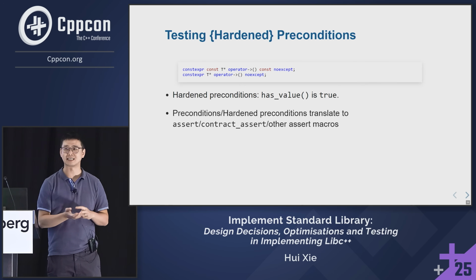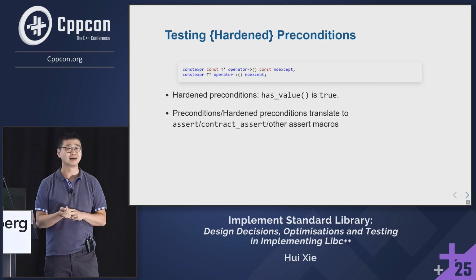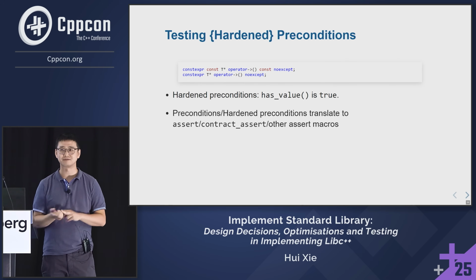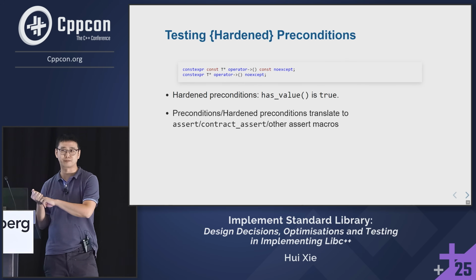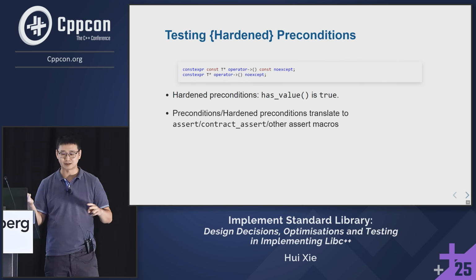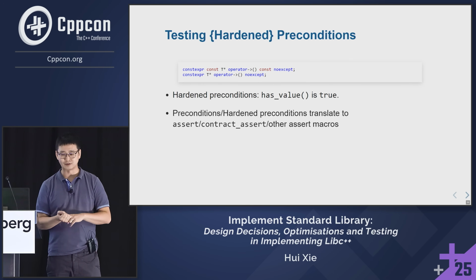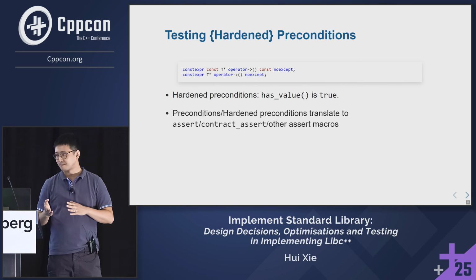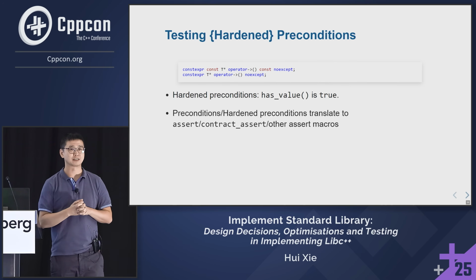Some of you might have attended Herb Sutter's talk about contracts. So contract assert has one use case for preconditions, or some other assert macros, or some pre or post, to help the user diagnose the error.